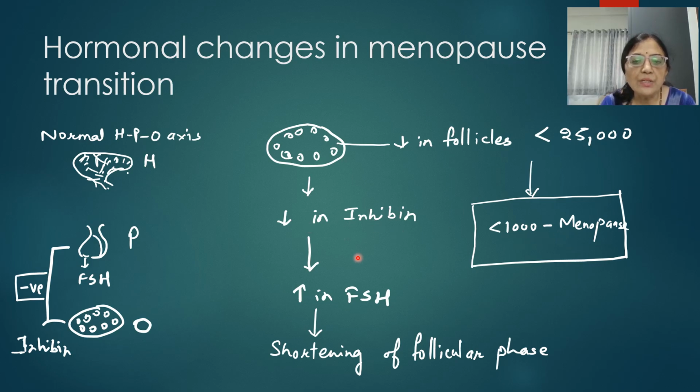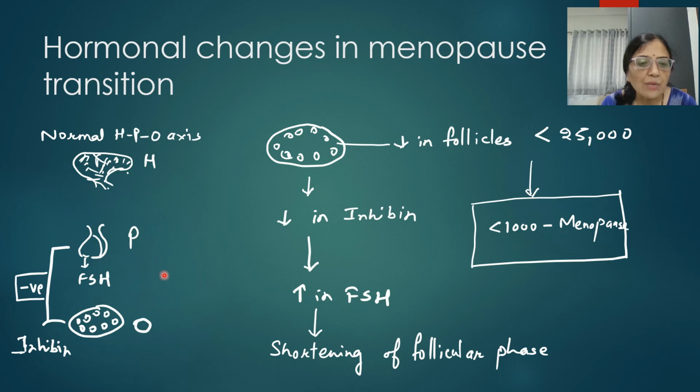Fall in inhibin leads to a rise in FSH. Rising FSH accelerates the maturation of the Graafian follicle, causing earlier ovulation, shortening of the follicular phase and frequent cycles. So these are mainly the hormonal changes seen in menopause transition.